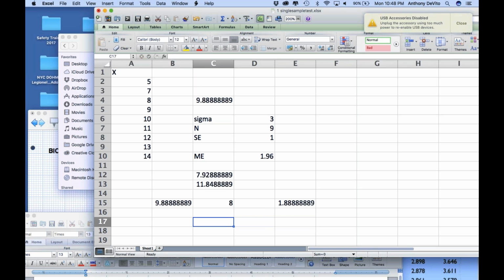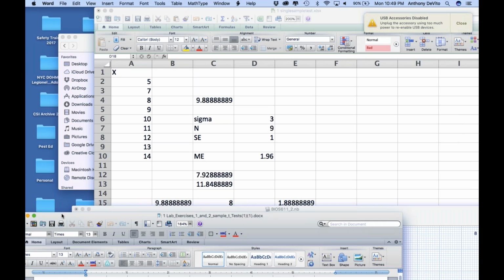So our value for z, the number of standard deviations apart, I'm using z instead of t here because I know what sigma is. It's equal to 1.88 divided by our standard error of 1. So these two things are 1.88 standard deviations apart. Okay, let's go to our z table.